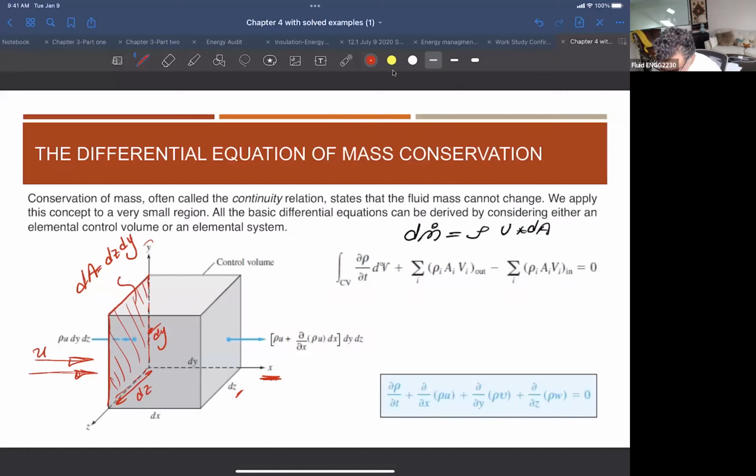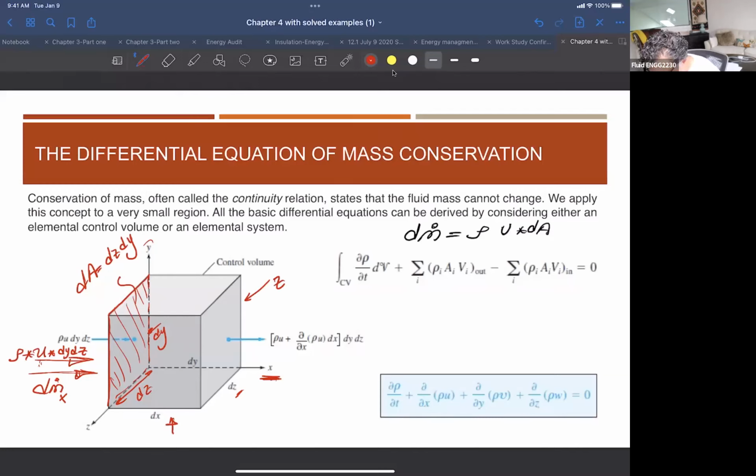If you multiply u times rho times the area, which in this case is dy dz, this will give you the mass coming in the x direction. We can do the same thing for the y direction and the z direction. So there is mass in and there is mass out.